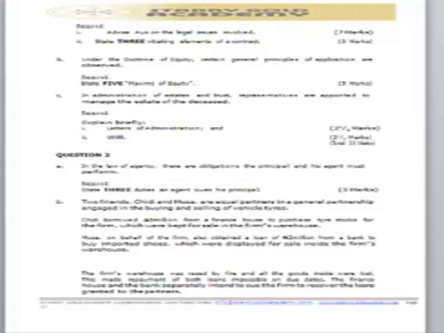Whereas on the side of the other person, Musa, on behalf of the firm, also obtained a loan of 2 million from a bank to buy imported shoes. When you look at this, what Chidi did was in accordance with the purpose of the business of the firm. What Musa did was contrary to the business of the firm. Those are the legal issues. So in this case, Musa has gone outside what the firm is registered to do.